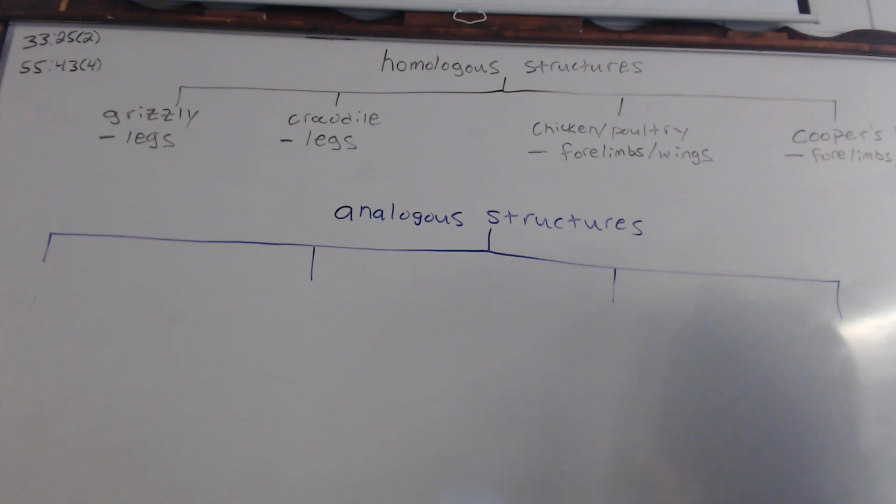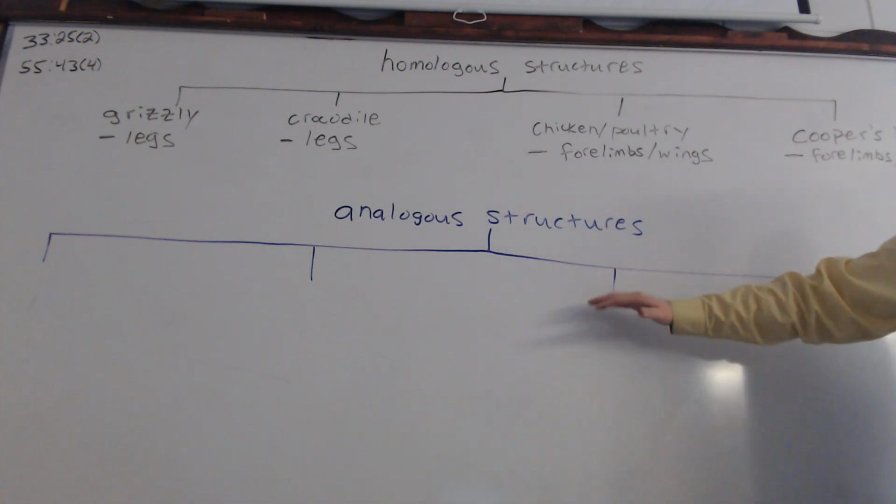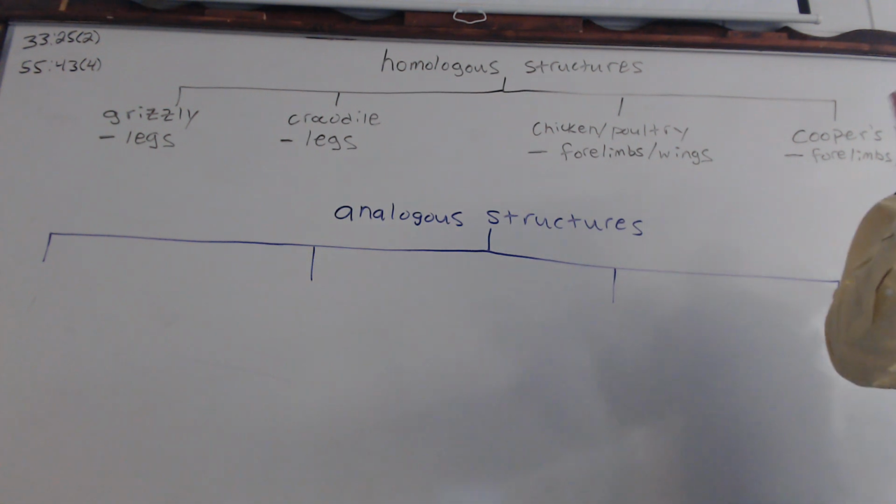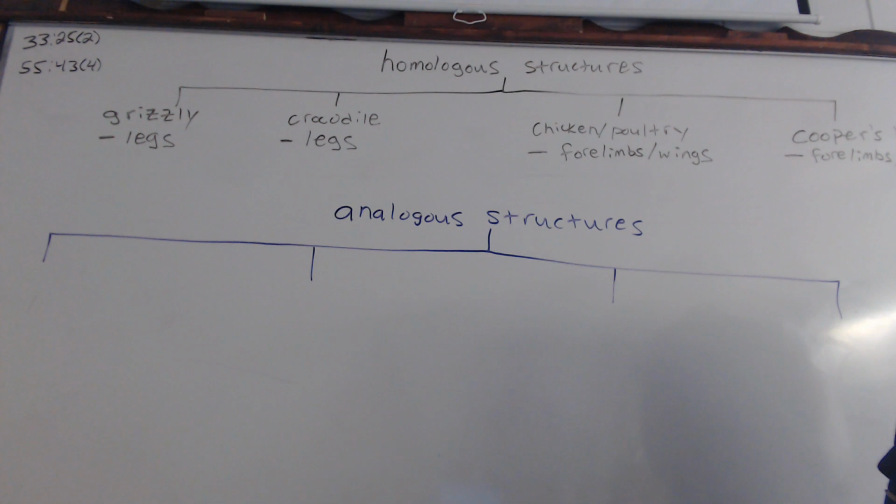Now we're just going to take a little bit of time for a paragraph of analogous structures. When we get this written down, I think you'll see it makes more sense. Okay, on page 426, analogous structures. Not all anatomically similar features are evidence of common ancestry.